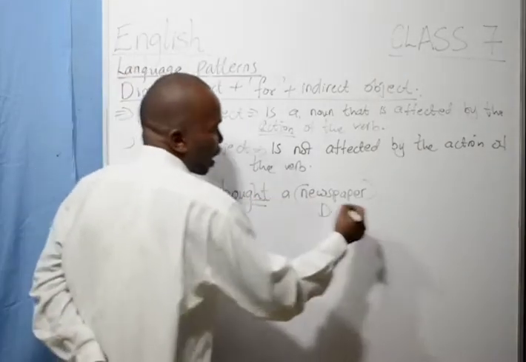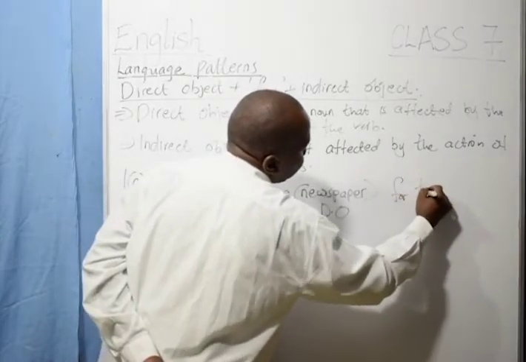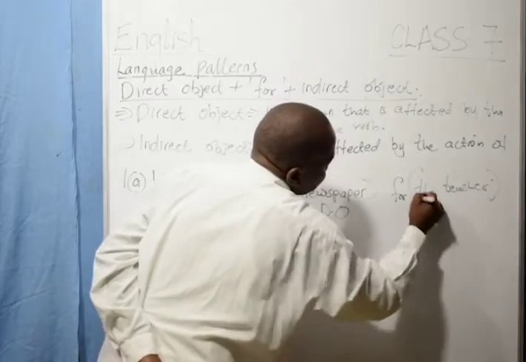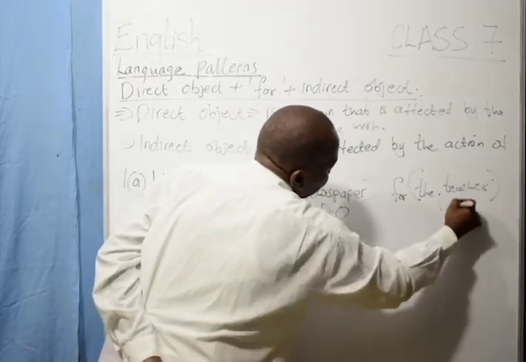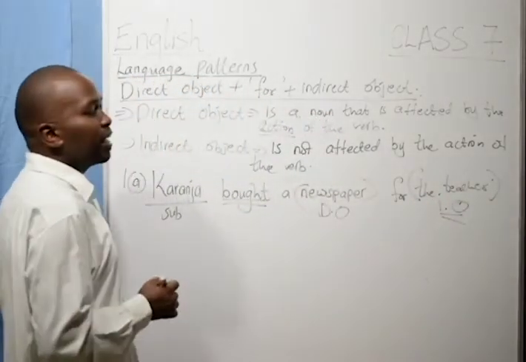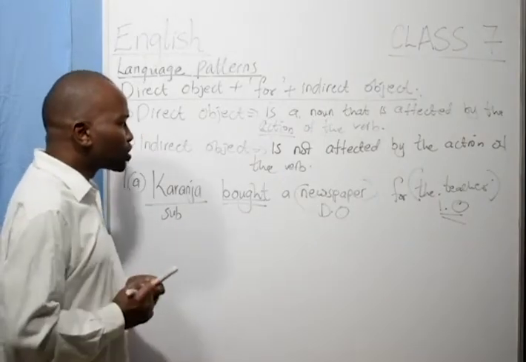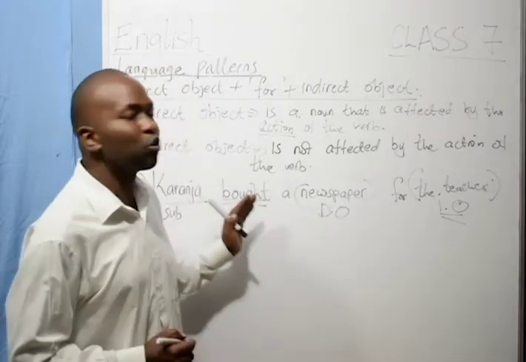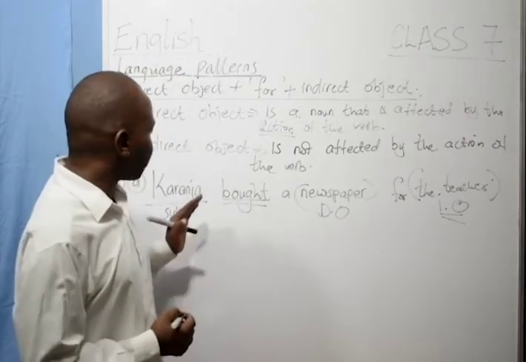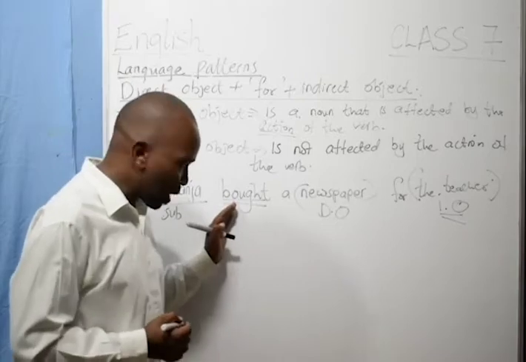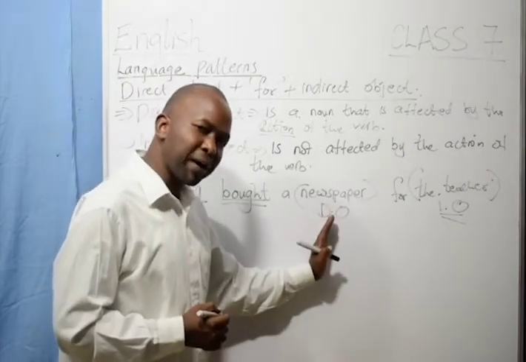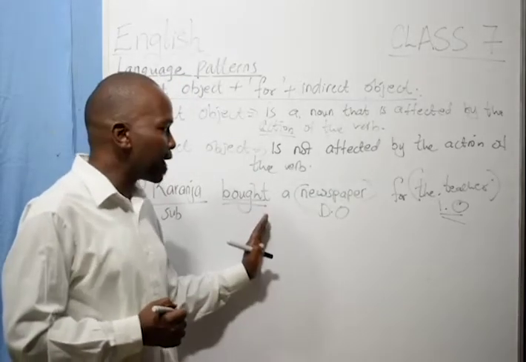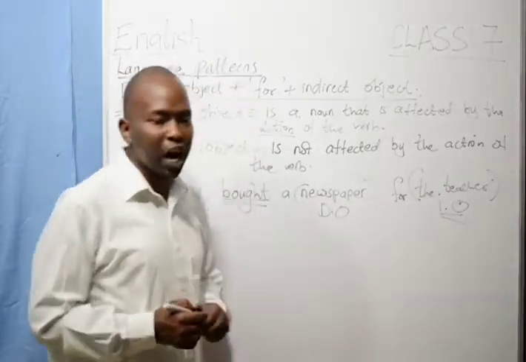Karanja bought a newspaper for the teacher. Teacher becomes the indirect object. Because you cannot say Karanja bought the teacher. No, that's not possible. That will bring a totally different meaning. But Karanja bought. What did he buy? A newspaper. So the newspaper is affected directly by the action of buying.